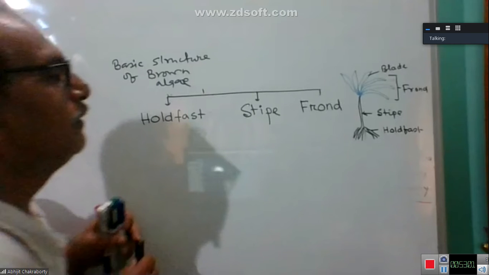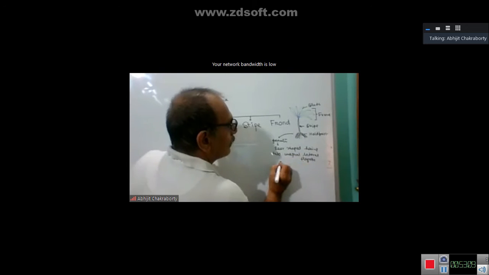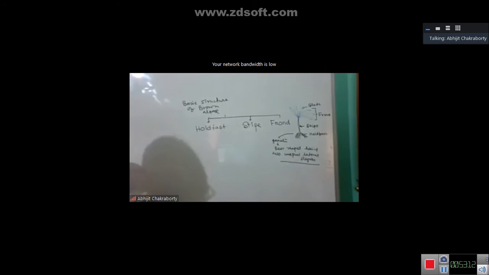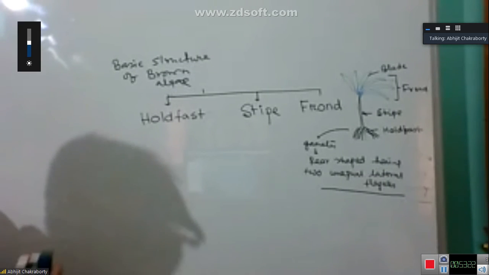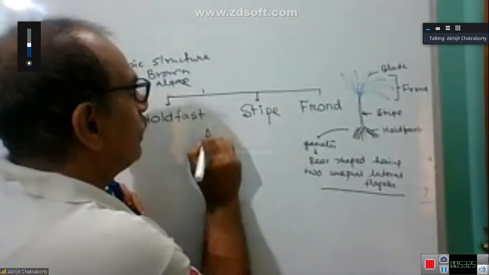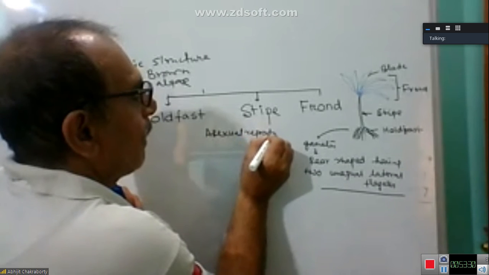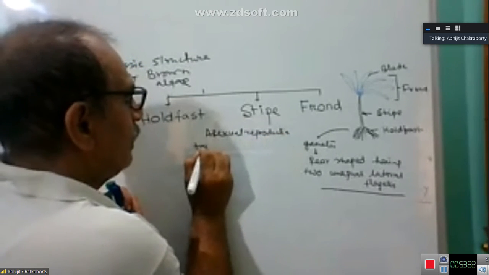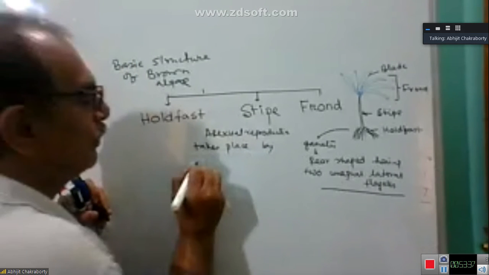two unequal lateral flagella. Gametes are pear-shaped, having two unequal lateral flagella, and asexual reproduction takes place by zoospores.